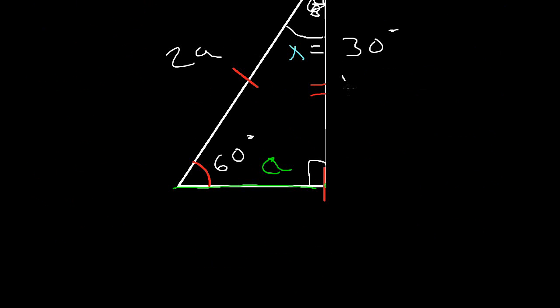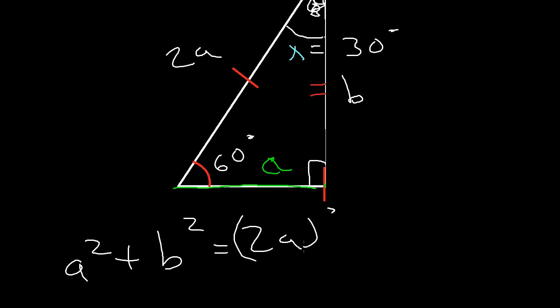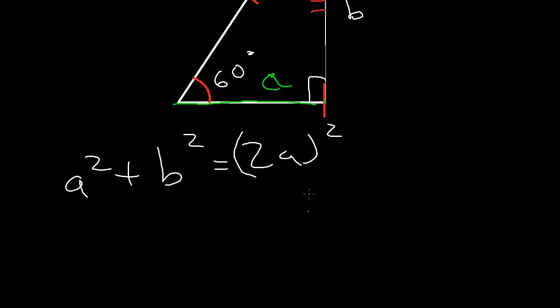So let's call this side B. Okay, so we know that a squared plus b squared is equal to (2a) squared. And that's just from the Pythagorean theorem.